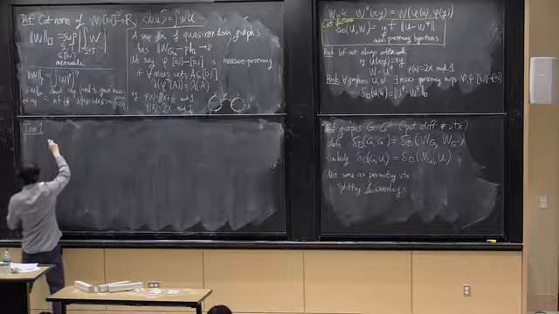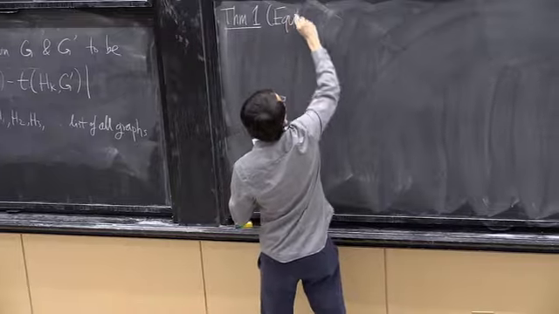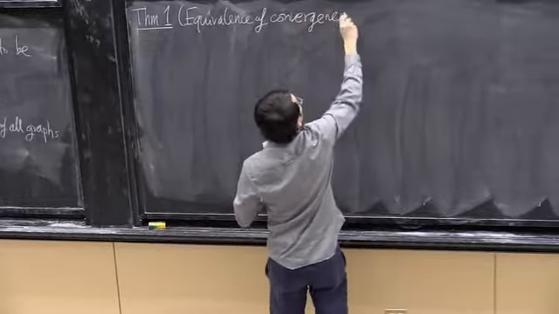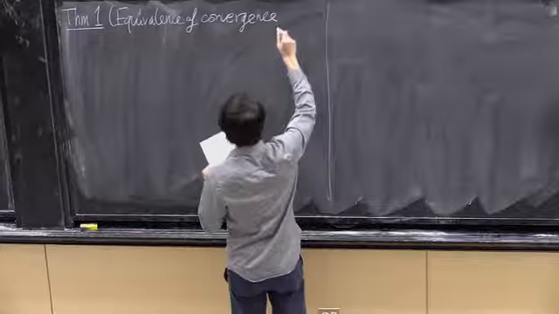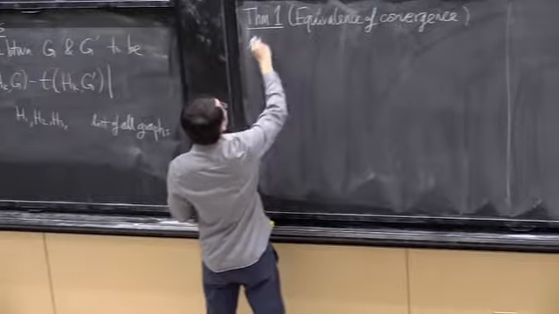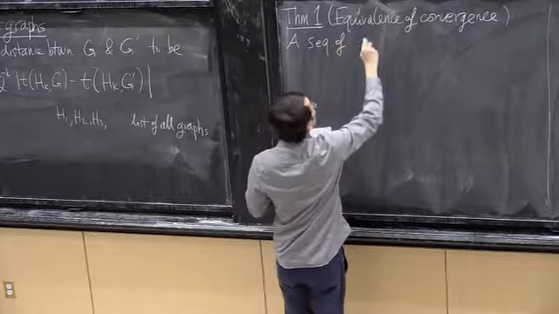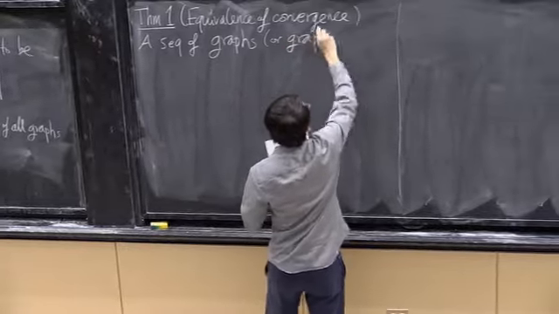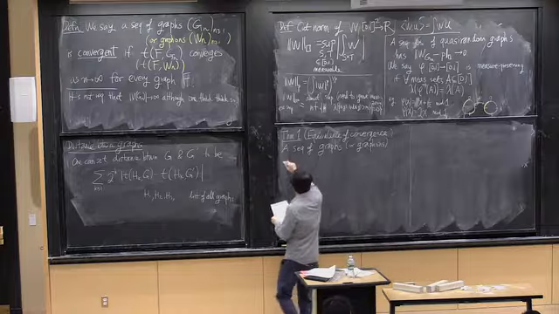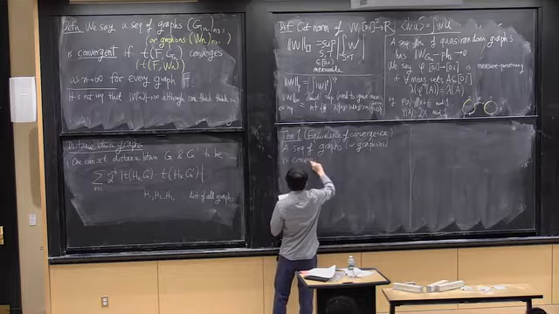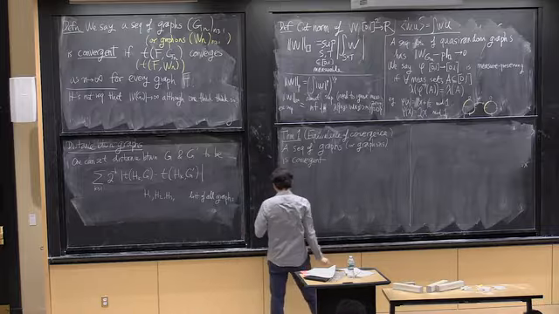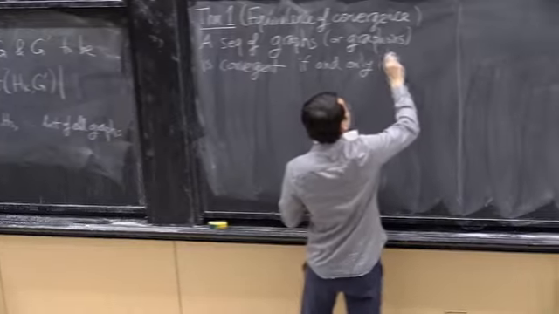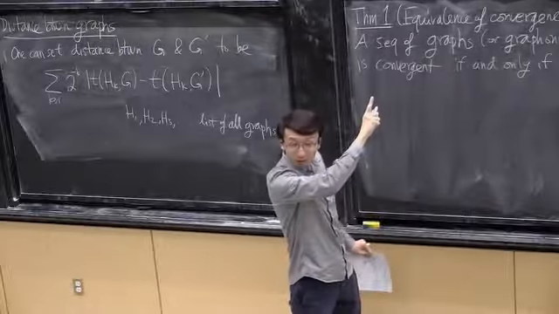So the first theorem, so theorem 1, has to do with the equivalence of convergence. Namely, that if you have a sequence of graphs or graphons, the sequence is convergent, right, in the sense up there, if and only if they are convergent in this metric space.